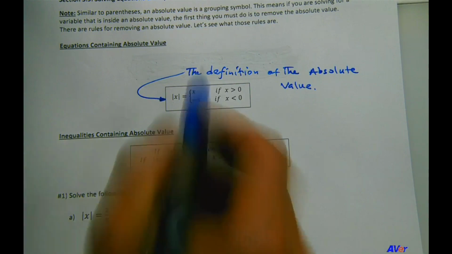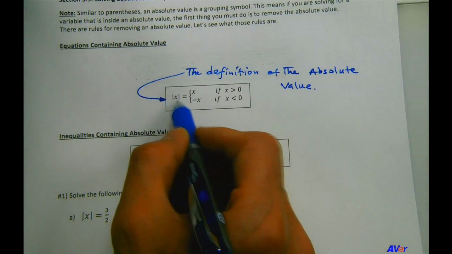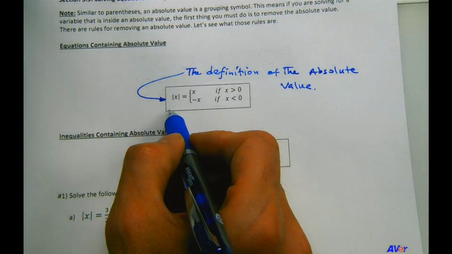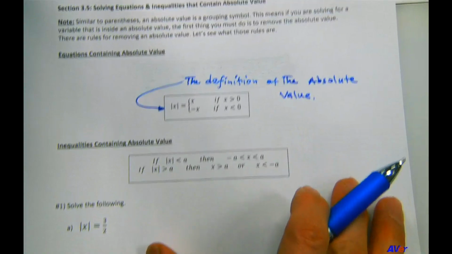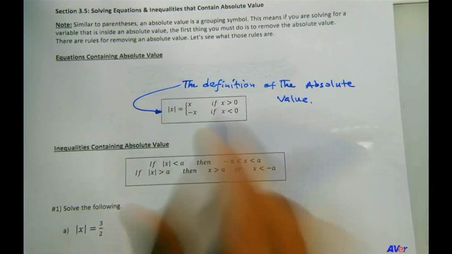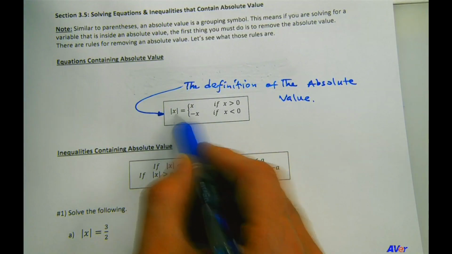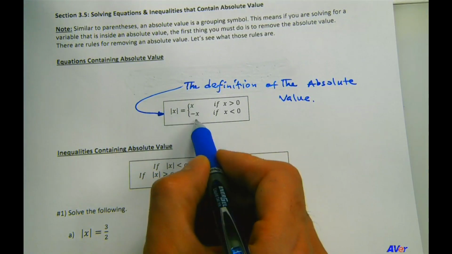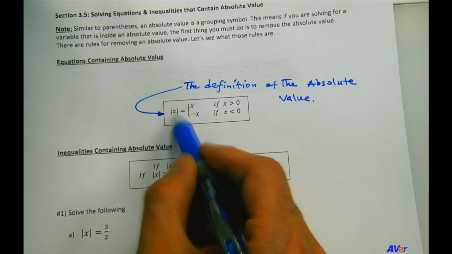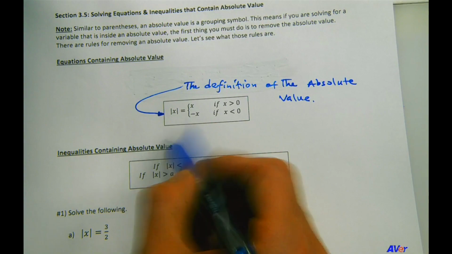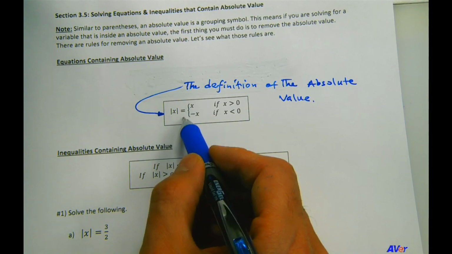So we cannot solve for x unless it's outside of this absolute value symbol. That's where this definition of the absolute value becomes so important, because as you can see, the absolute value of x equals these two entities which do not include the absolute value notation. The absolute value bar is gone, right? And that's what we want.